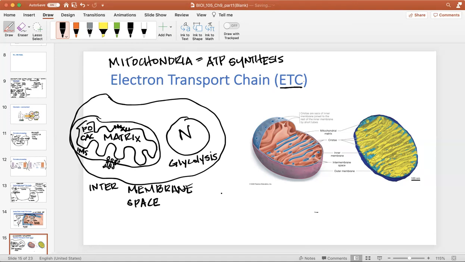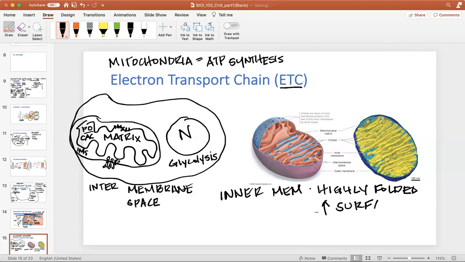So the reason that the inner membrane is highly folded is to increase surface area. Now, what do I mean by that?